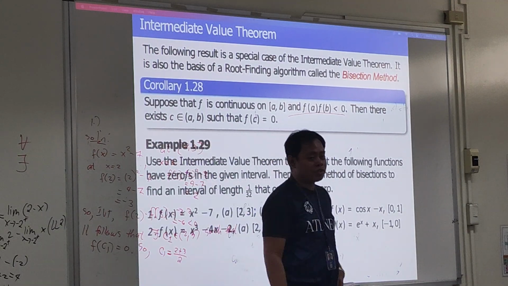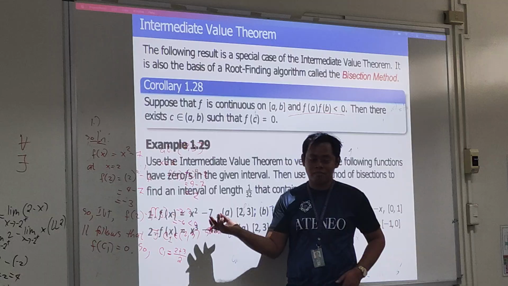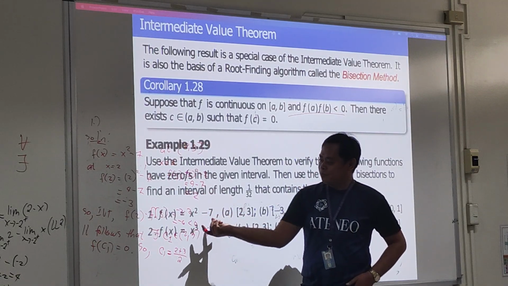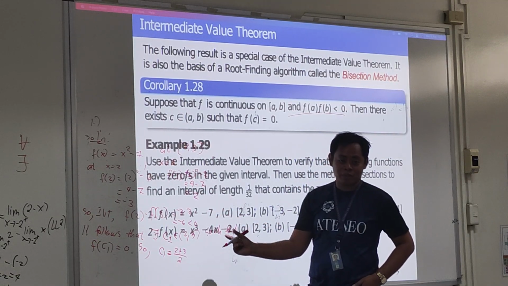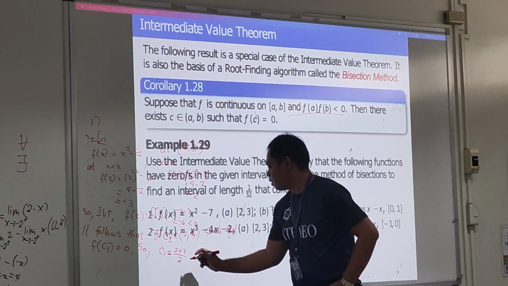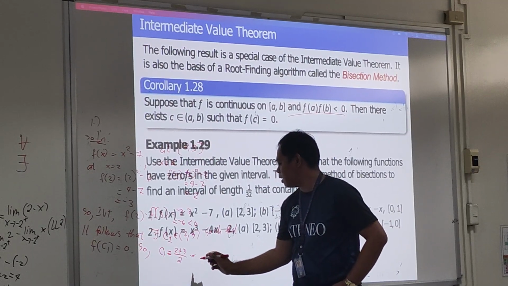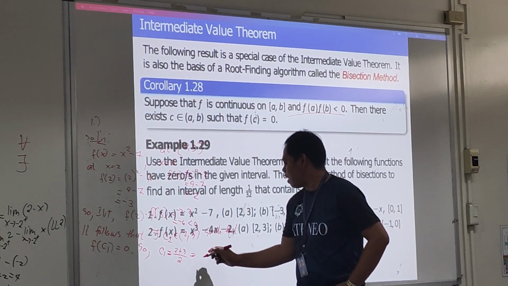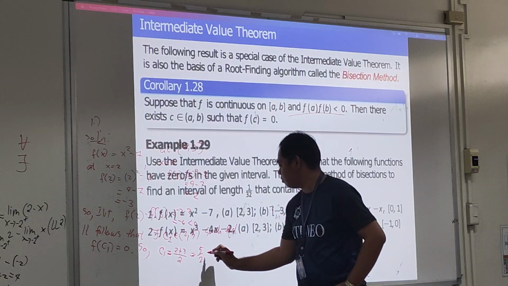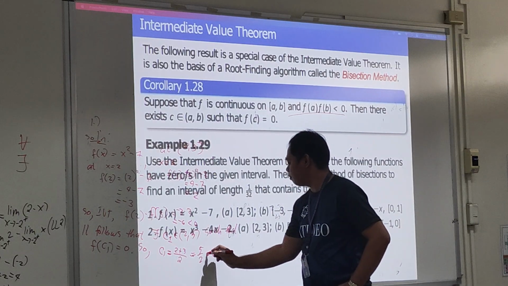So this is now the bisection: you need to add the beginning point and the end point, divided by 2. In between, you have 5 over 2, so that is just 2.5.